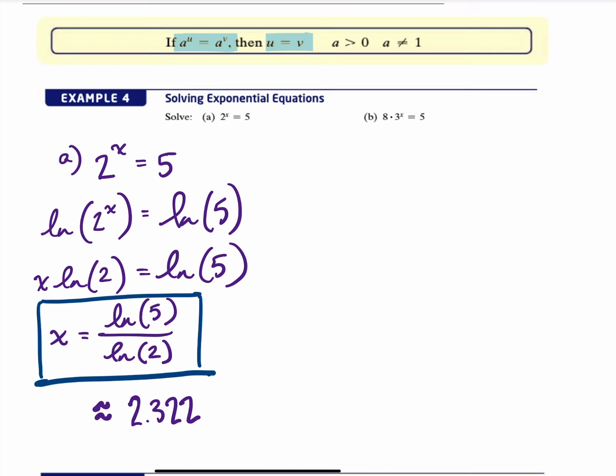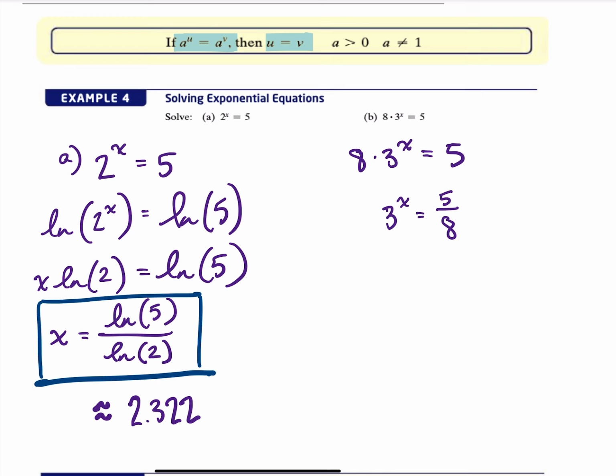So B is just very similar. We have 8 times 3 to the power x equals 5. Let's first just isolate this 3 to the power x, the term that has our unknown. So I'll divide the 8 over. So 3 to the power x would equal 5 over 8.